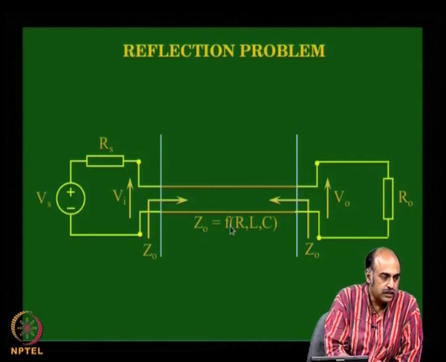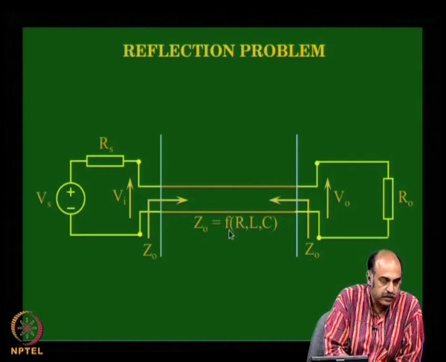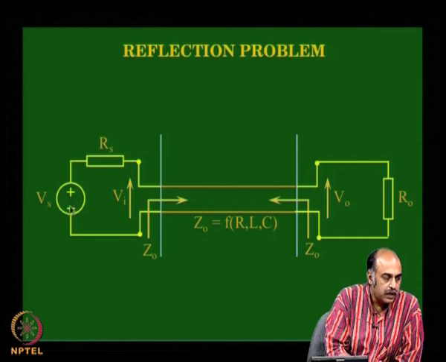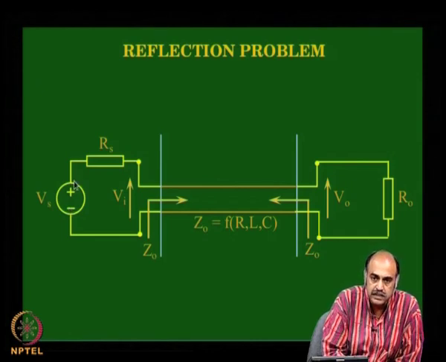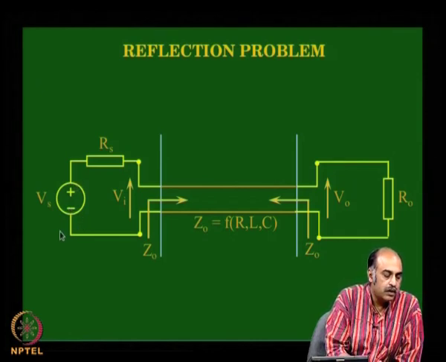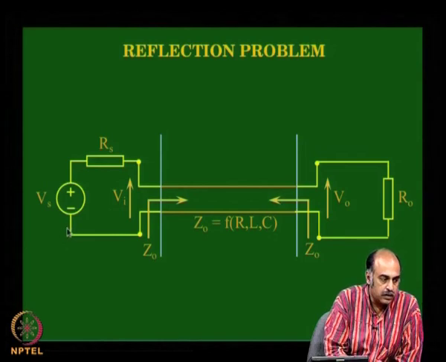Now, this is the transmission line situation, where if we give a high frequency step input, 0 to some voltage here, that voltage will come to this point, the V i point. At this node, it will go through the transmission line, and part of it will also get reflected back again.